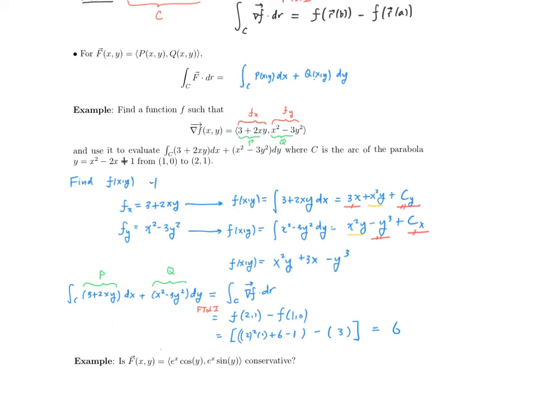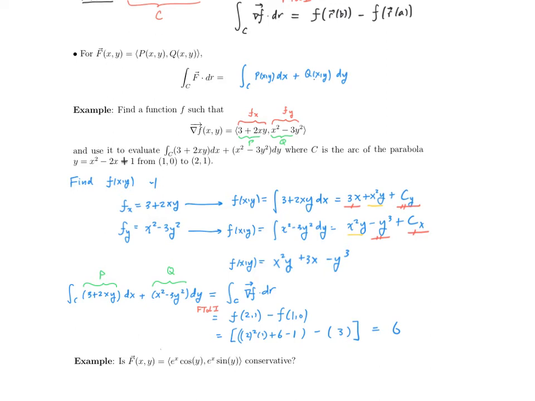And let me note that the wording of this problem is very generous, in the sense that it first asks you to find this potential function little f. If we were instead only given this line integral to evaluate, it now has to be part of our thought process to check, is this a conservative vector field?